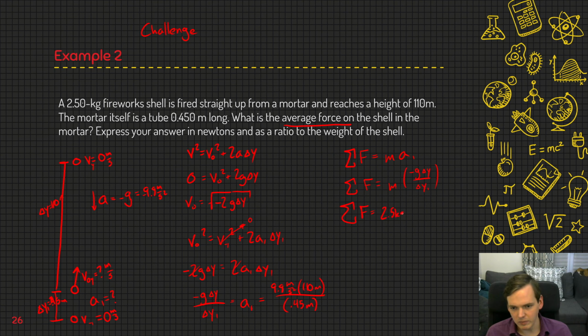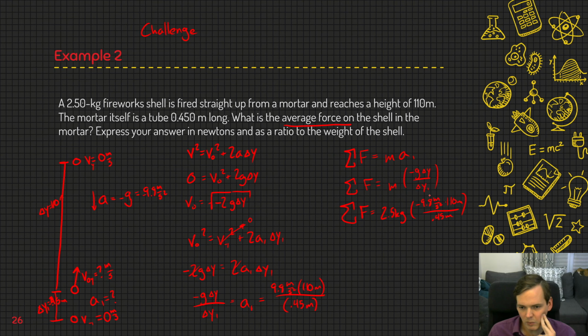2.5 kilograms times negative 9.8 meters per second squared times 110 meters divided by 0.45 meters. 0.45 is just less than half. 9.8 is just less than 10.